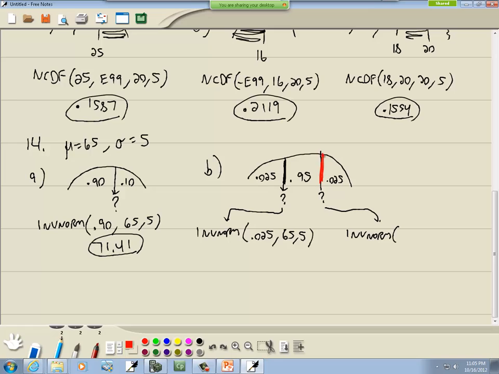Look where I'm drawing a line now, this red line. The area to the left of that, you have to add up all the area to the left. So you add up the 0.025 plus the 0.95, and that gives you 0.975. And then 65 and 5. So let's go type these in.